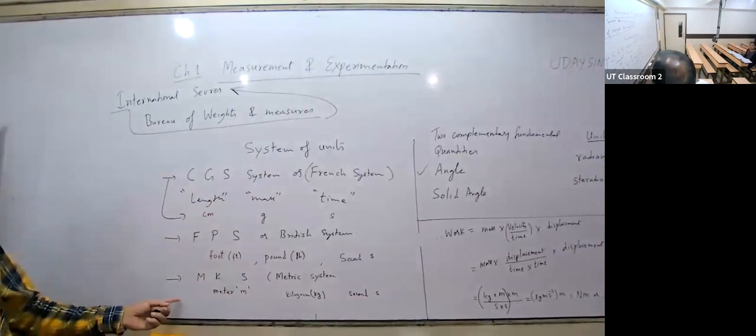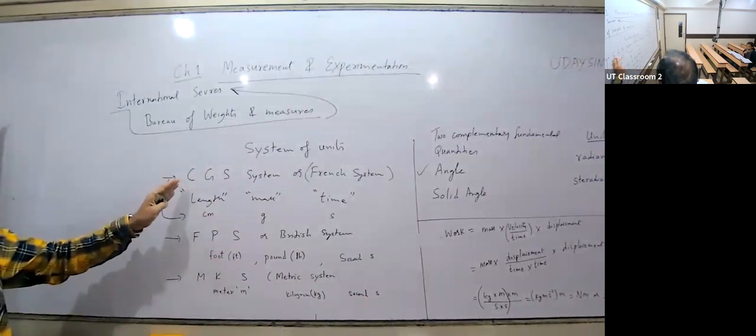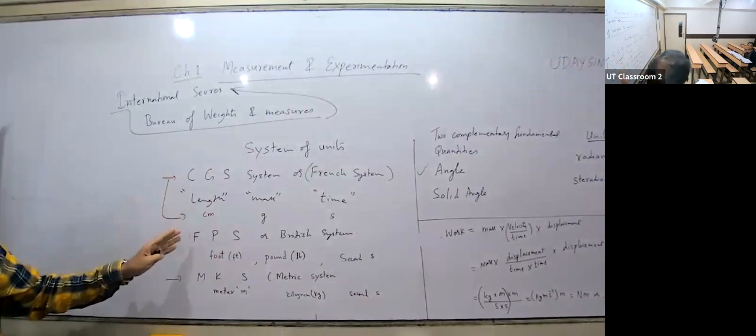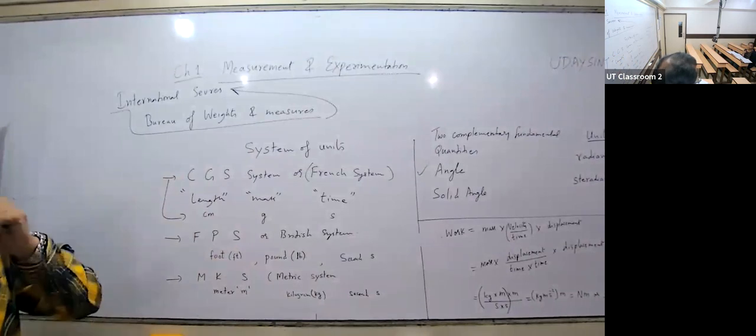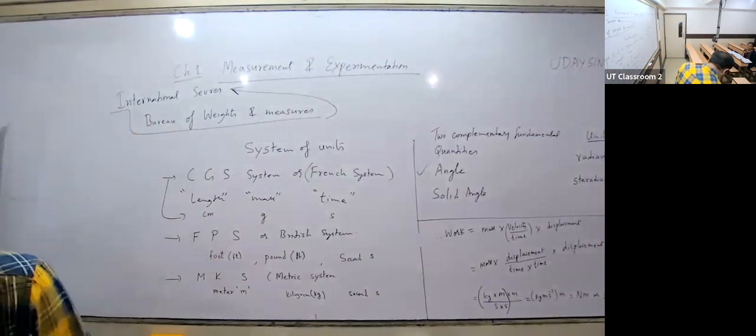But like I told you, these are all old systems. So then you have to convert from one unit to another. Different countries were following different systems of units, so converting scientific data became a challenge. So then it was agreed upon in which year?